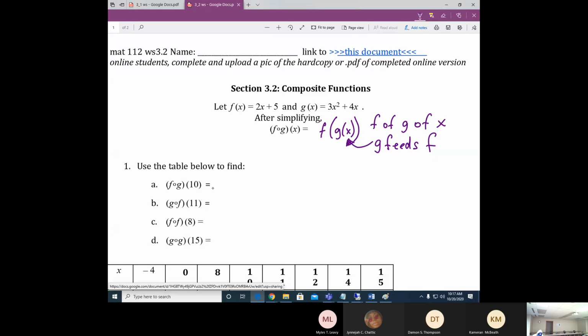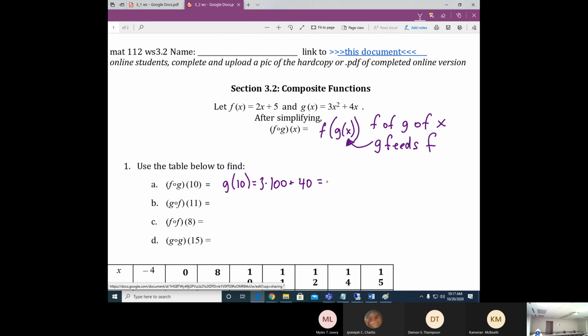So F of G of 10 is the same as, well, let's figure out what G of 10 is, and then we'll figure out what to do with the output of G. G is 3x squared plus 4x. So it's 3 times 10 times 10, 3 times 100, plus 4 times 10, or 40.